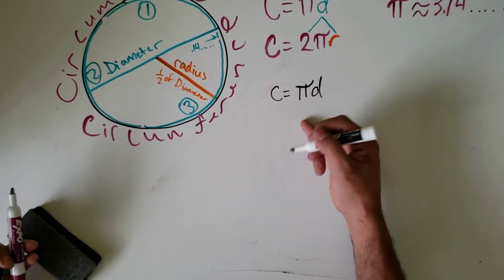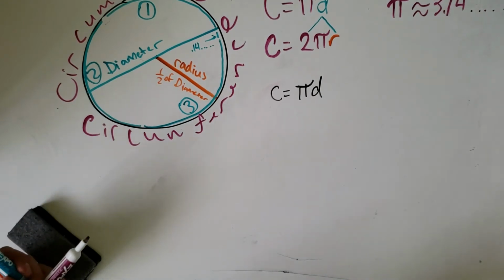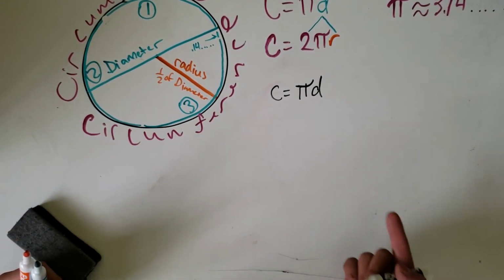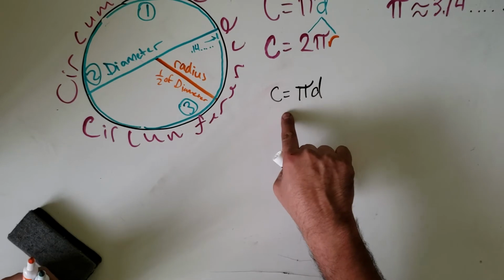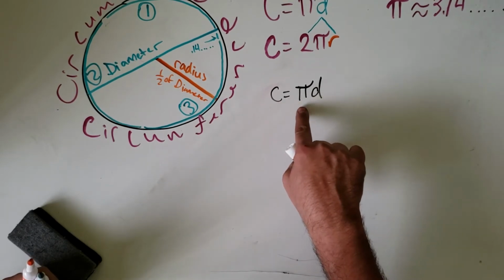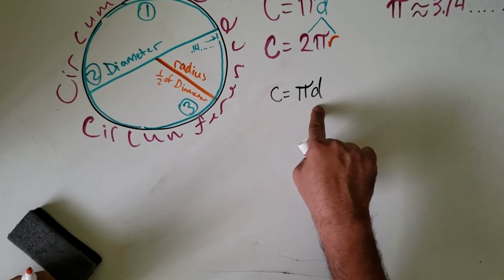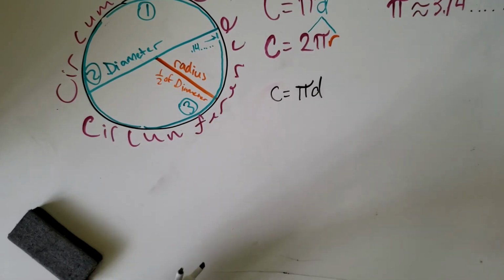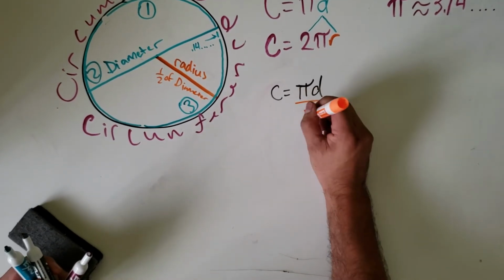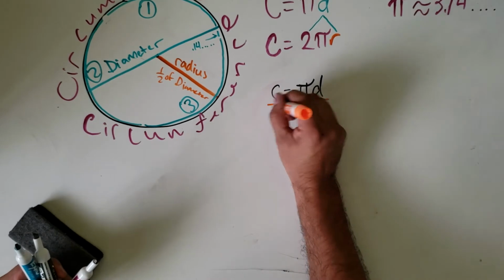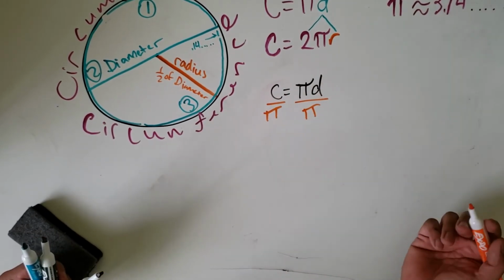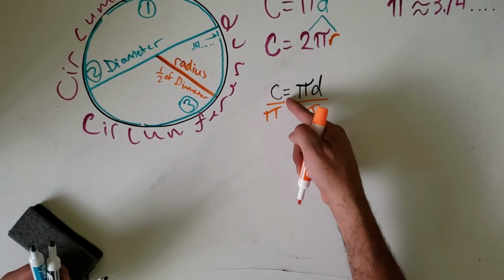I have to manipulate my formula in order to where it says D equals. So I have to look at what I have. I have C over here by itself, and over here I have multiplication. I have pi times D. Okay, so in order to change the pi, I need to divide by pi. Because I need to get pi on the other side. And I need to do it to both sides because it is equal.